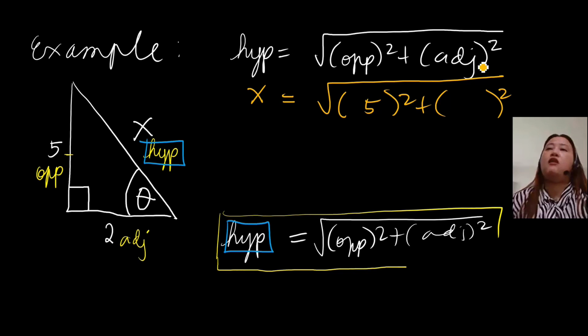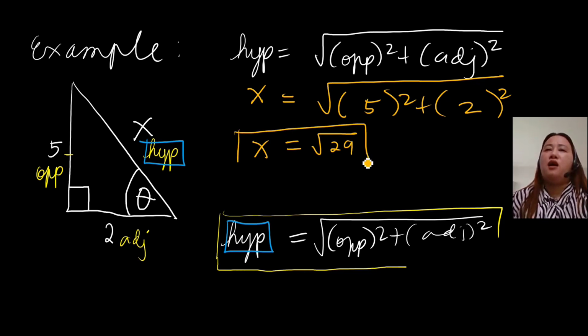So squaring it, and then adjacent is 2. You square it also. So with your calculator, or you can do it manually, that is square root of 25 plus 4. It is square root of 29. Okay? And this is your answer.